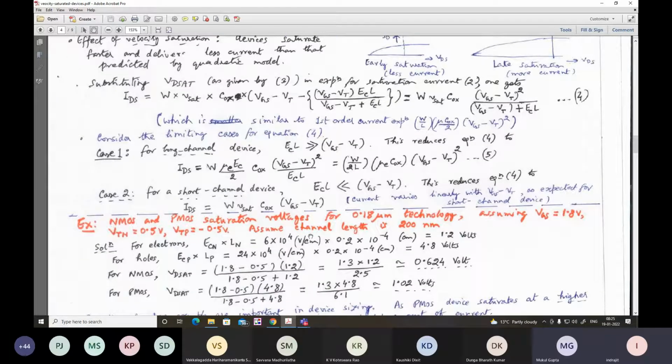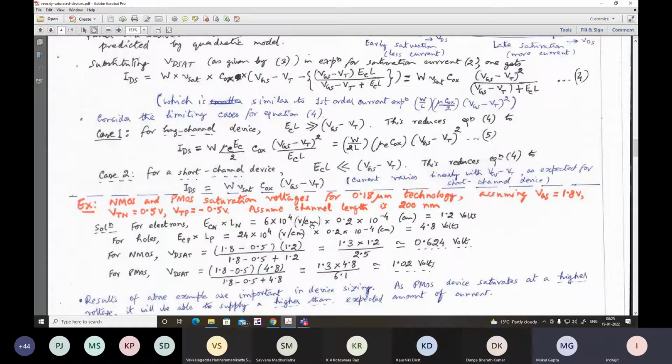Here we see some numerical figures to convince us. For NMOS and PMOS, let us try to find out the saturation voltage assuming VG is equal to 1.8 volt and the technology threshold voltage for both N-type carriers and P-type carriers is 0.5 volt numerically. Assume the channel length is 200 nanometer or 0.2 micrometer.